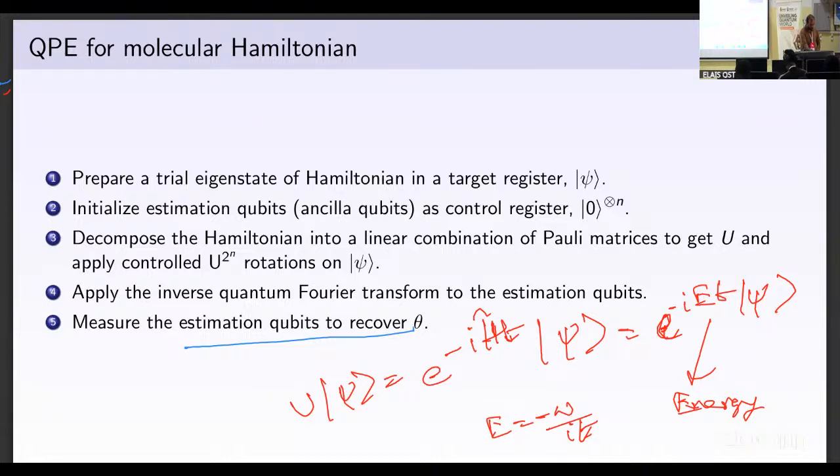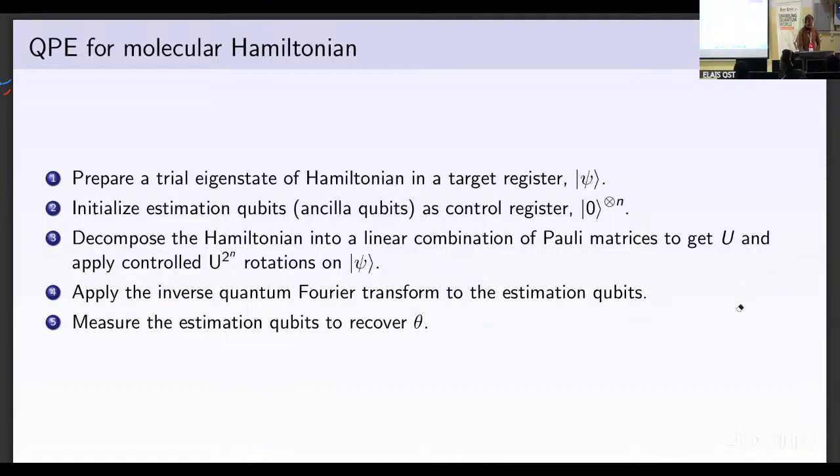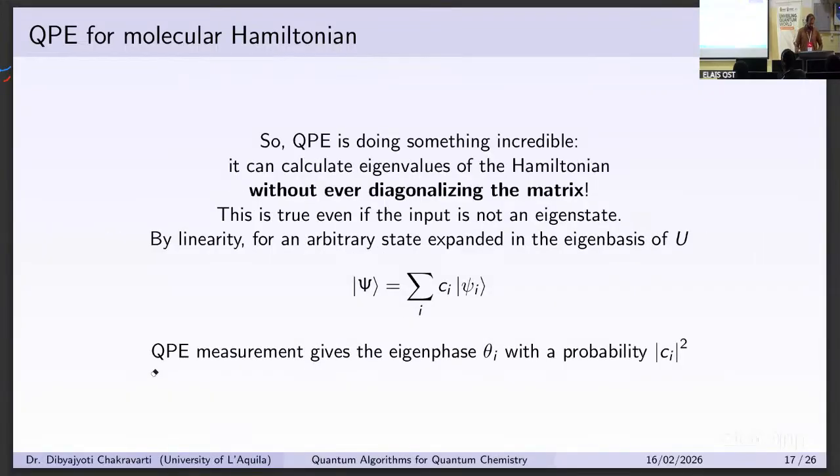But here with quantum phase estimation, we don't have to diagonalize the matrix. We get the eigenvalues directly from the circuit.